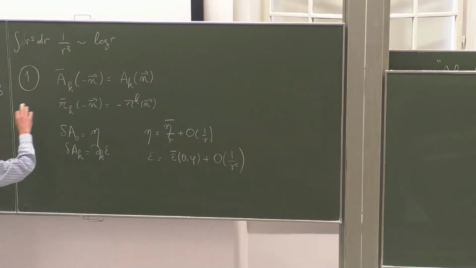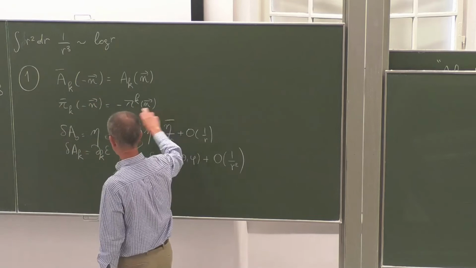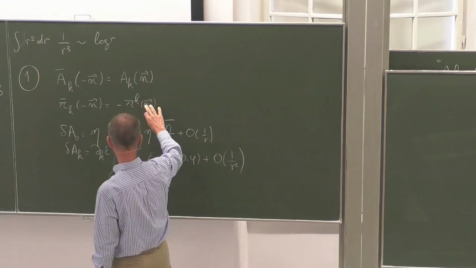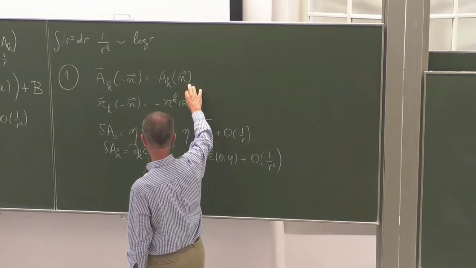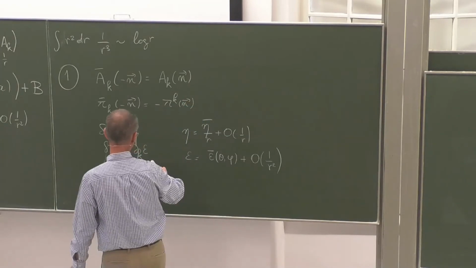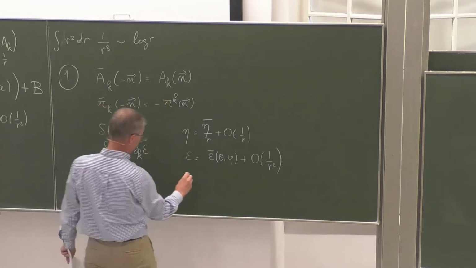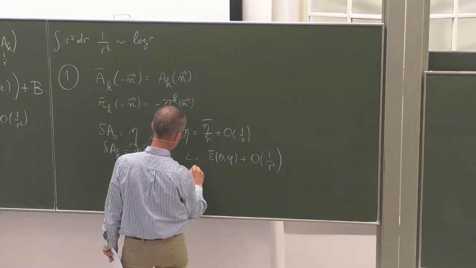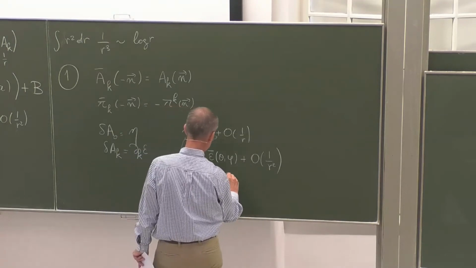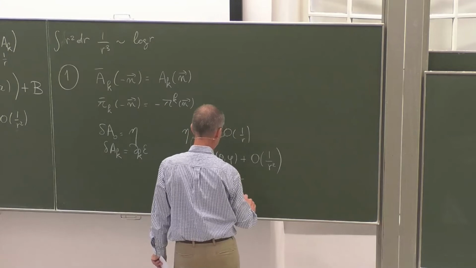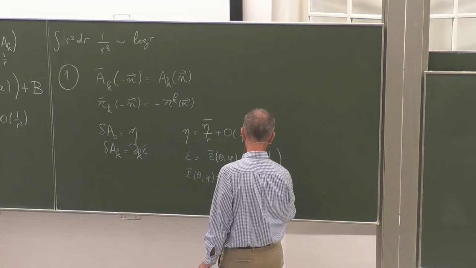But if on top of that I have to preserve that this is gauge invariant, so this does not give any condition on the gauge parameter, I see that epsilon should be such that its gradient to leading order is even, which means that epsilon bar of theta, phi should be a constant, because that, of course, drops from the gradient, plus something which is odd.